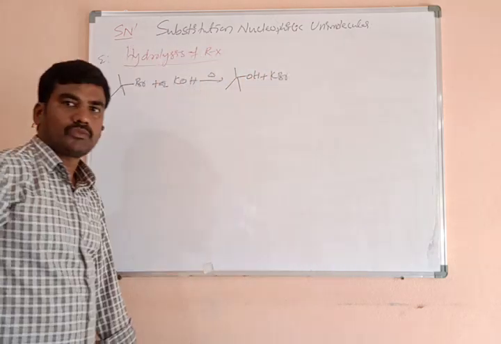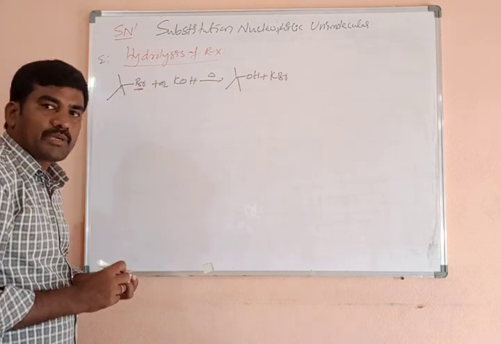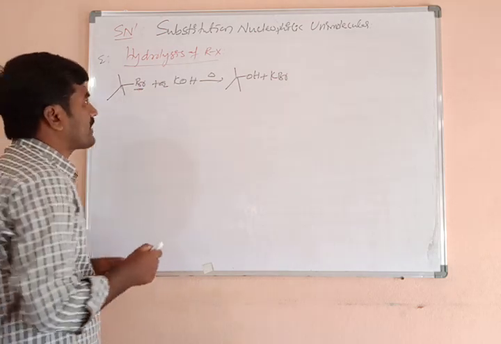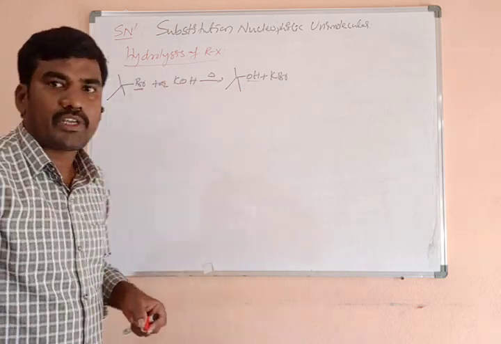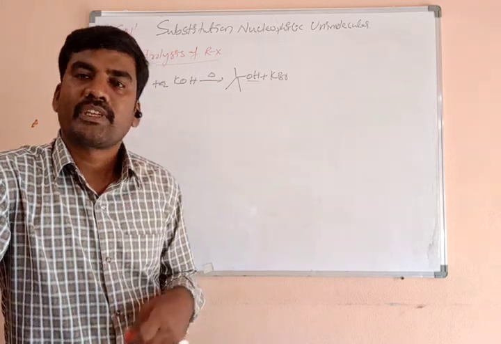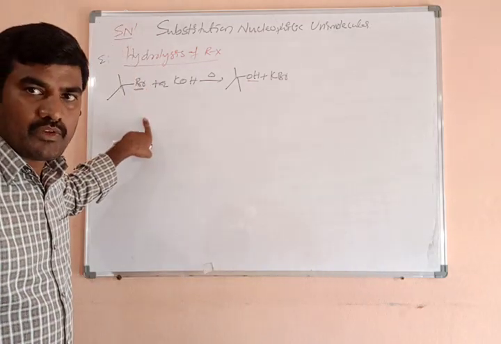In this reaction, Br minus gets substituted by the hydroxyl ion OH minus. Br minus is a weaker nucleophile, and the weaker nucleophile is substituted by the stronger nucleophile. OH minus substitutes the Br minus ion. So it is a nucleophilic substitution reaction.